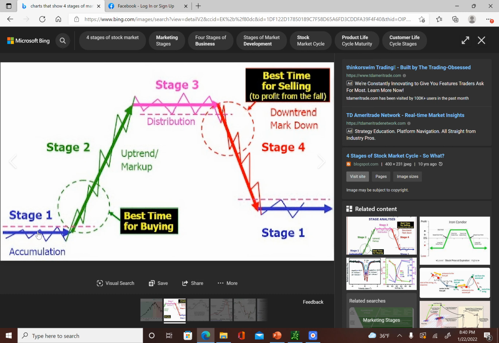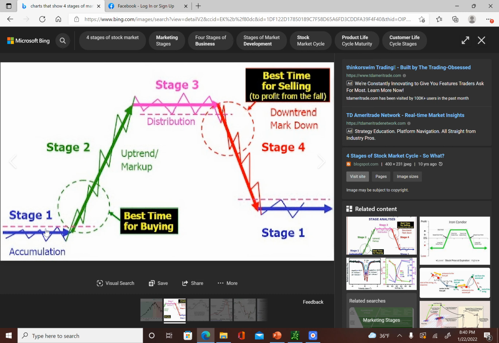Particularly with option trading. With stock trading it might be a little different if you're dollar cost averaging, just buying at regular intervals, or if you're value investing and looking to buy things cheap. Buying here might not be as big of a deal.